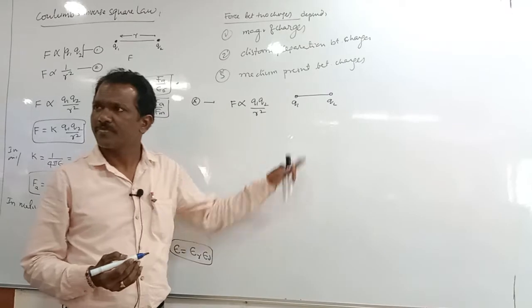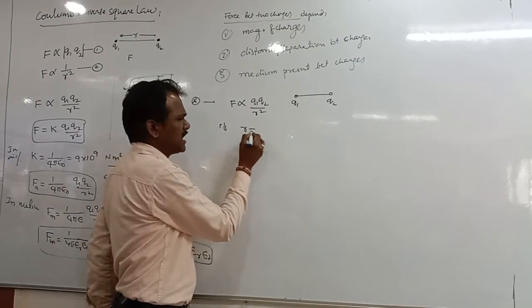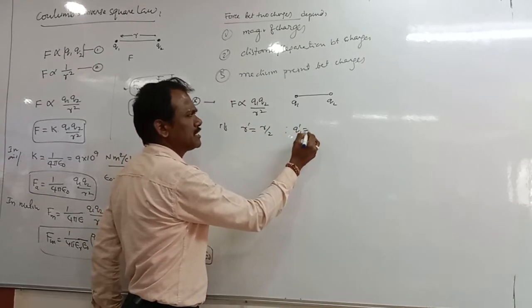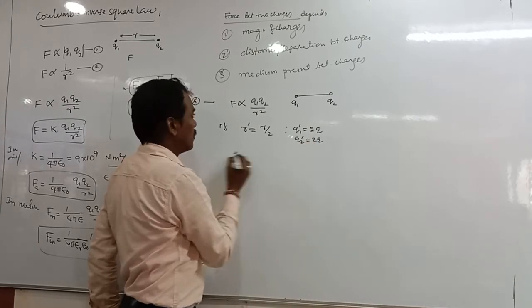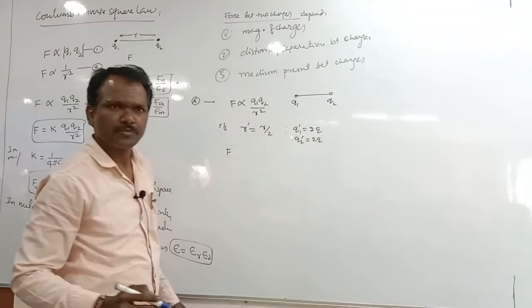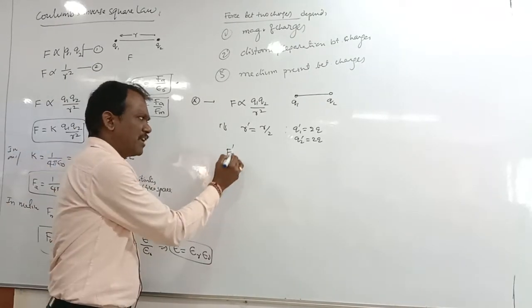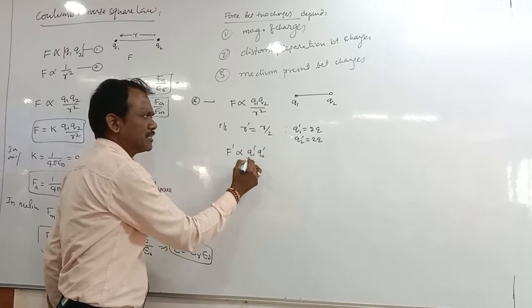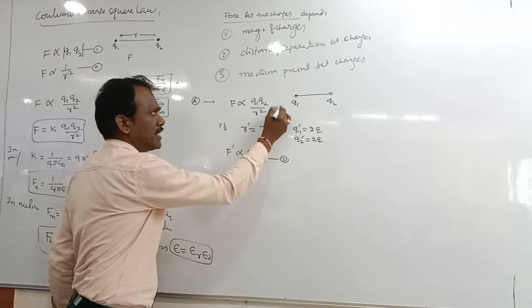See here, if distance is half and the charges' magnitude is doubled, what is the force? Now the force F dash becomes Q1 dash Q2 dash by R dash square, right?